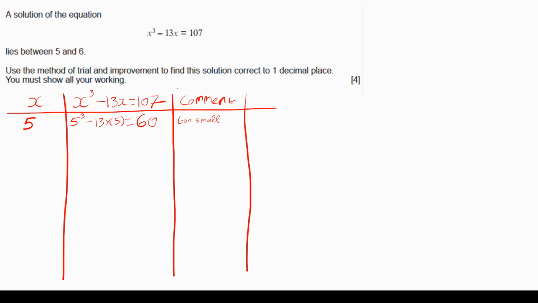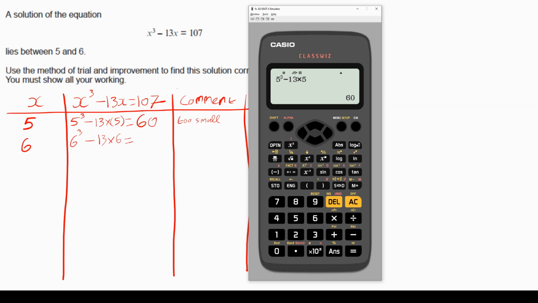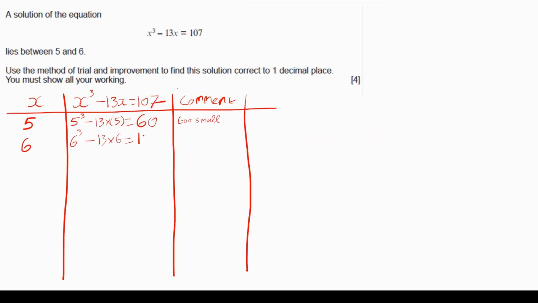So let's try x equals 6, and you do have to show this for the full marks. So we have 6 cubed, take away 13 times 6, which gives me 138, which is too big.